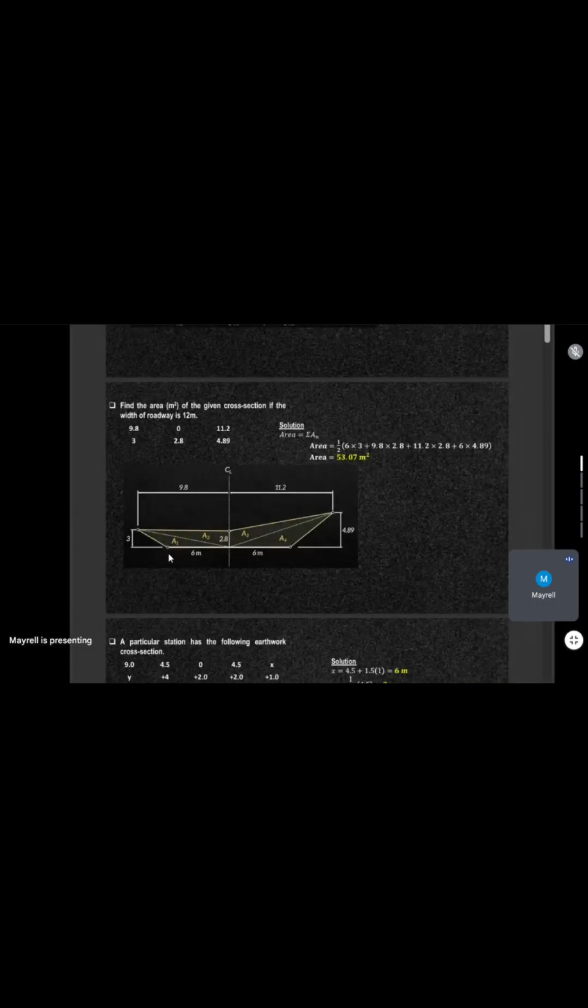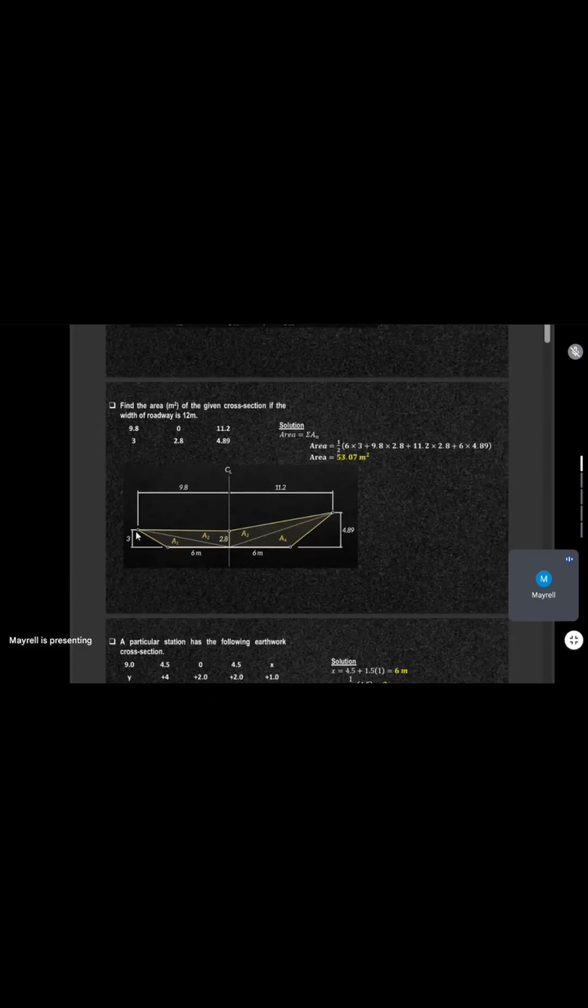So again, connect them from one side of the road, connect those points first, and then you close them by connecting its other side. So divide the profile. So still with this figure, it is soil to be excavated.